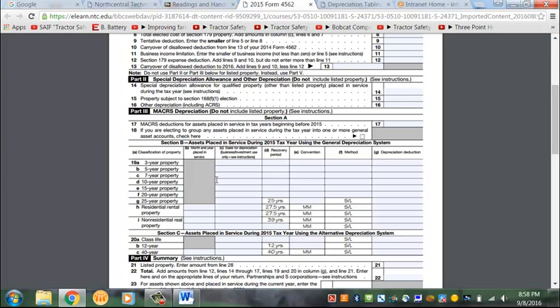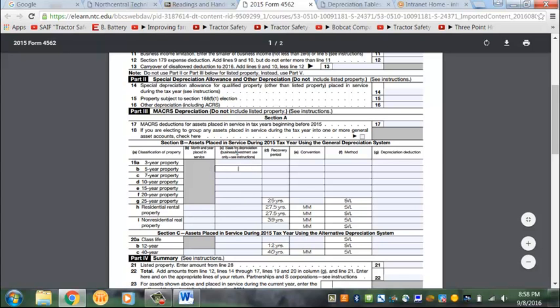Section 3 is going to be your new assets that you're purchasing in the year. They have it broken down by the useful life of the property. So if you have 3 different assets that are considered 5-year property, all 3 of those assets would be totaled and put on this line.